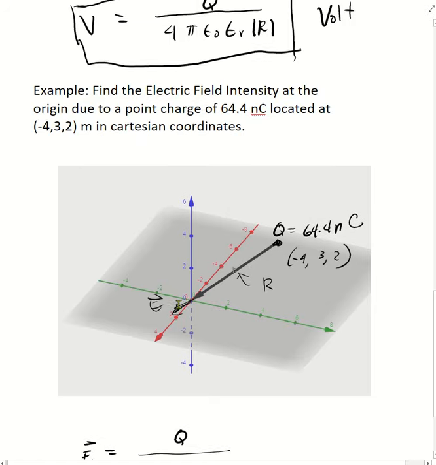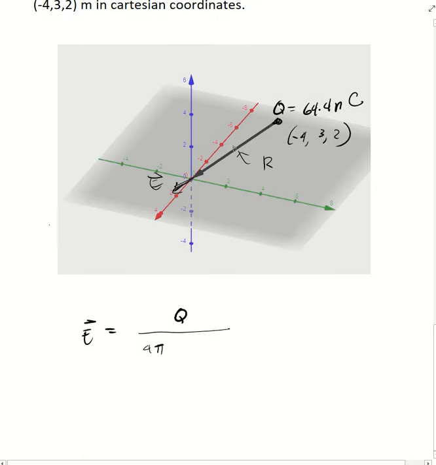This will be in free space, so let's just multiply this with epsilon naught times the magnitude of that vector R, multiplied with the direction of that vector R. We have the charge 64.4, so we only need to determine AR and R.